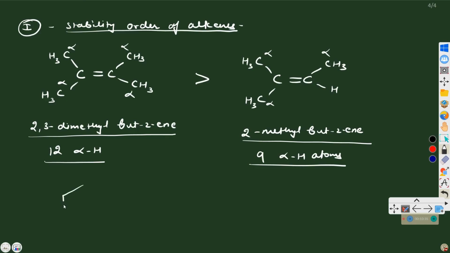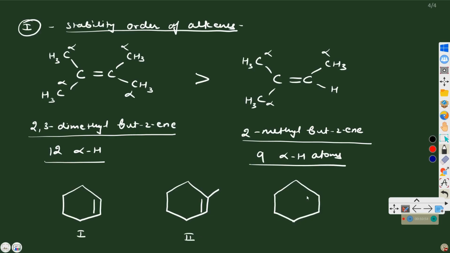Similarly, if we take cyclohexene, suppose first a simple cyclohexene, and cyclohexene with substituents. Suppose there is one substituent in a second structure, and there is one more cyclohexene with 2 methyl groups like this.